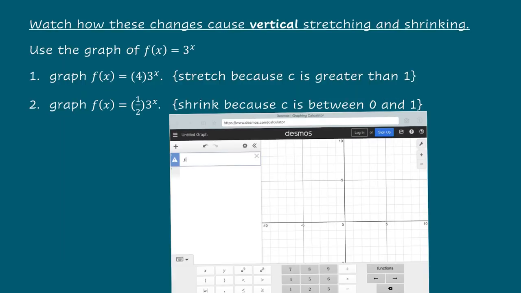All right, so let's take a look at how these changes cause vertical stretching and shrinking. So let's start again with the graph of f of x equals 3 to the x. So y equals 3 raised to the x power is our original graph.